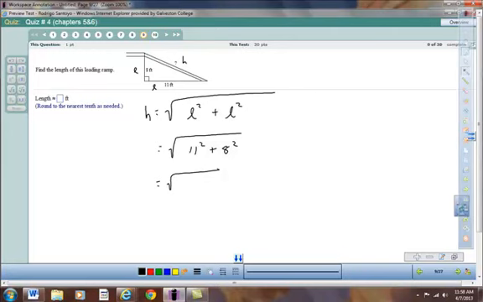Well, 11 times 11 gives us a solution of 121. 8 squared is 8 times 8, which is 64. We sum these and we get what? 185. And once we do the square root of 185, that gives us a solution of 13.6014705.